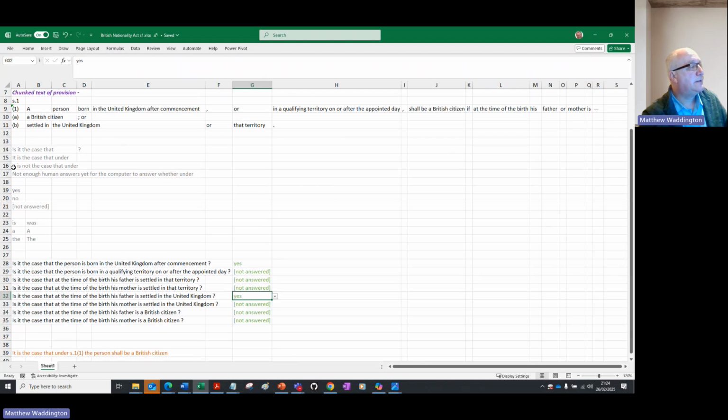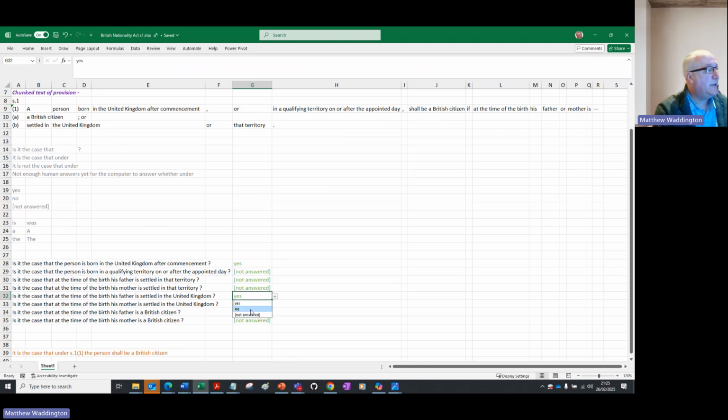Again, that answer is just using the building blocks, the standard element, it is the case that under, and then it's using the cells to pick up S11, and it's using the cells to pick up the person shall be a British citizen. So it's not us writing that sentence, it is that sentence being drawn from the original text.